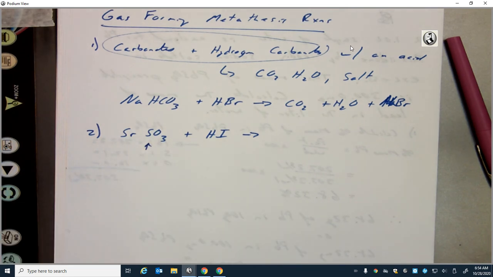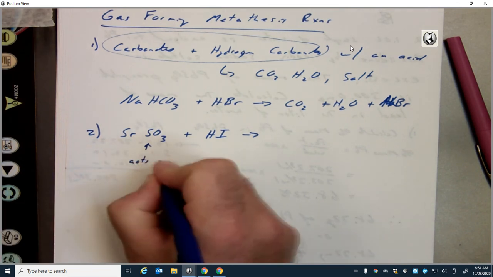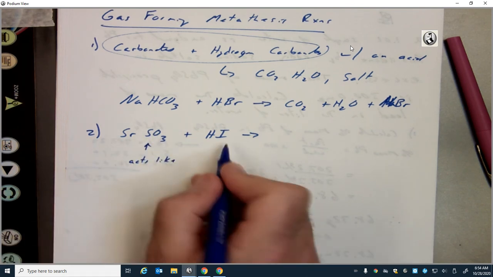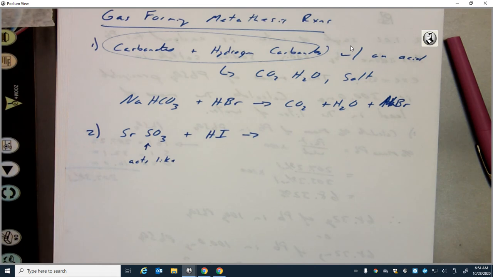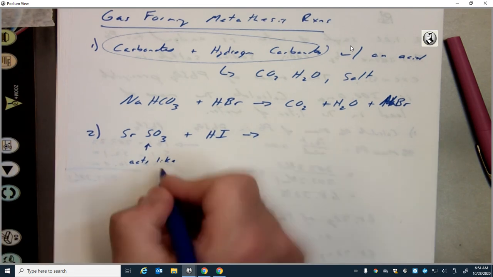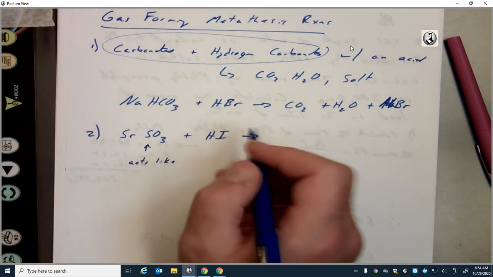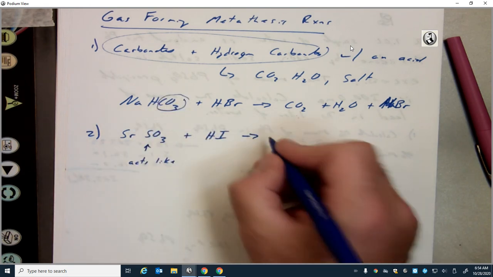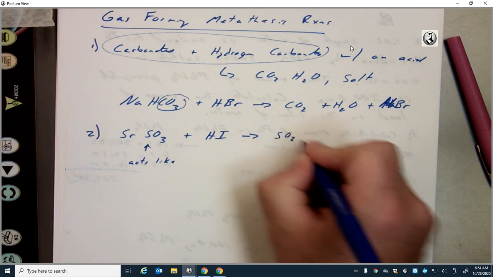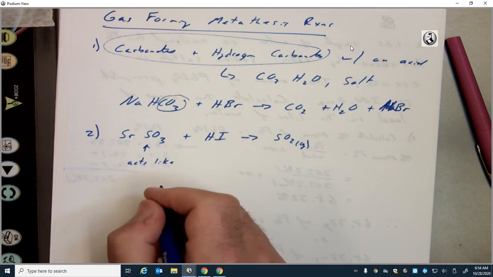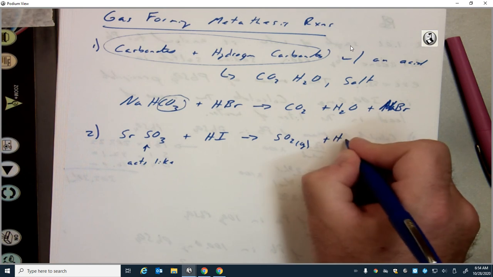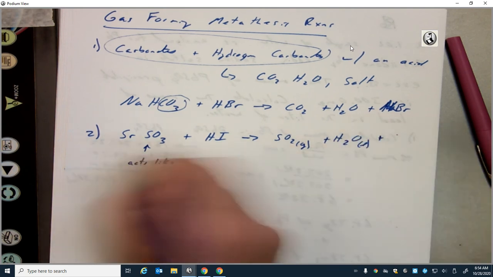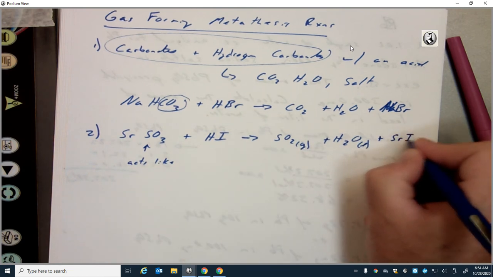In this case, this sulfur acts like carbon. So when you have an SO3 reacting with an acid, it's going to act like this guy did. So you're going to end up with SO2 gas plus H2O liquid. And again, we can get our salt.